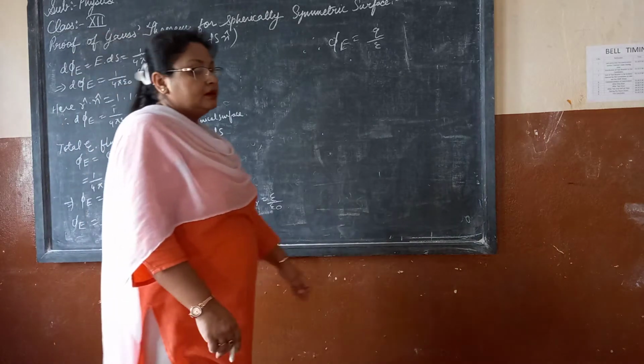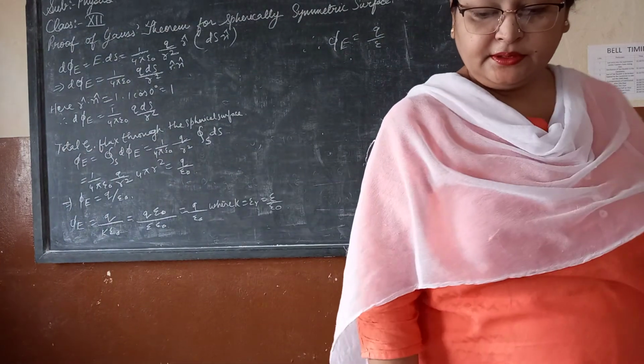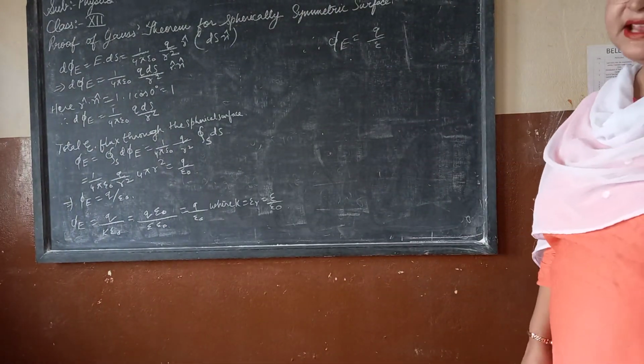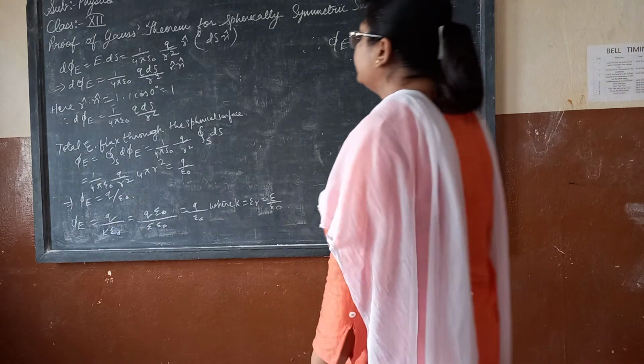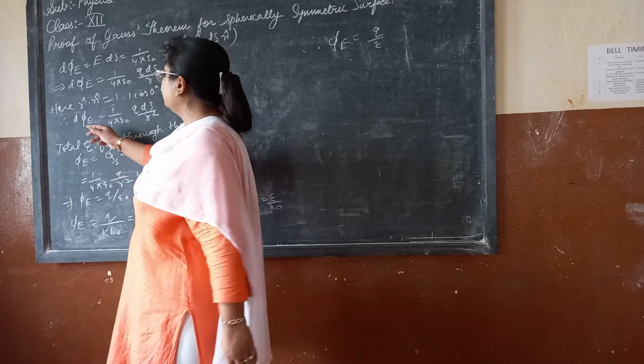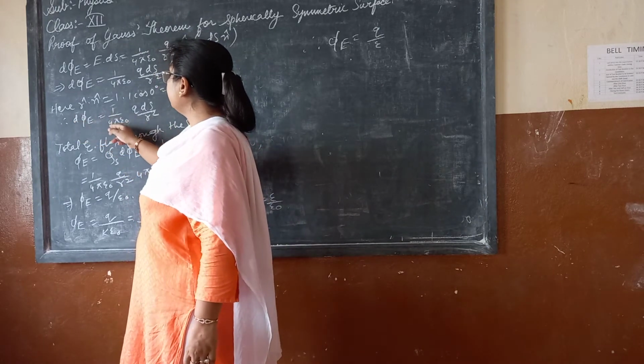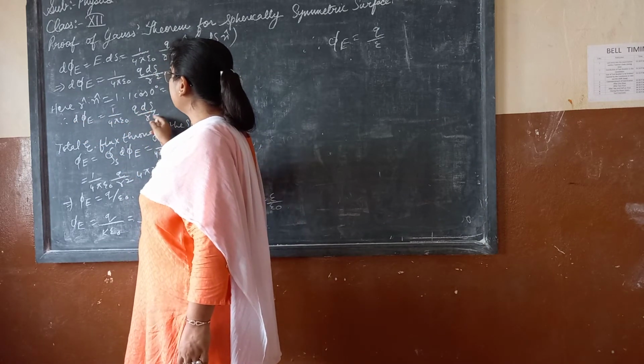Okay, now what will happen? Here r cap dot n cap is equal to 1 times 1 times cos θ, cos 0 degree is equal to 1. So dφ is equal to 1 upon 4 pi epsilon 0 q dS upon r square.